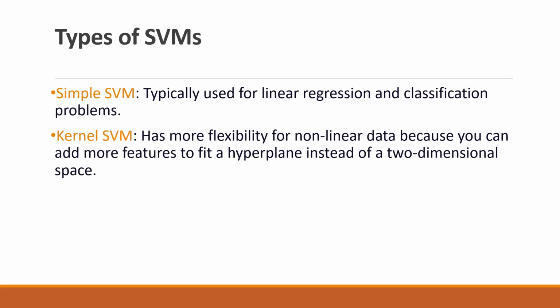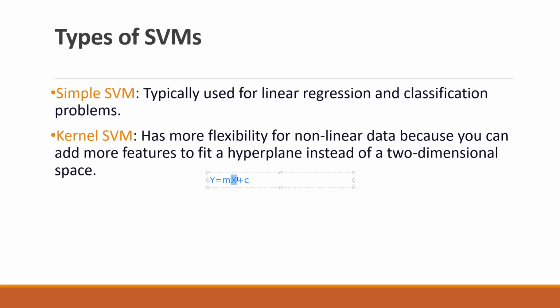Let me tell you with an example: an equation like y = mx + c. Here y is dependent on x, so we only have two variables, and we are calculating it for a linear regression line.